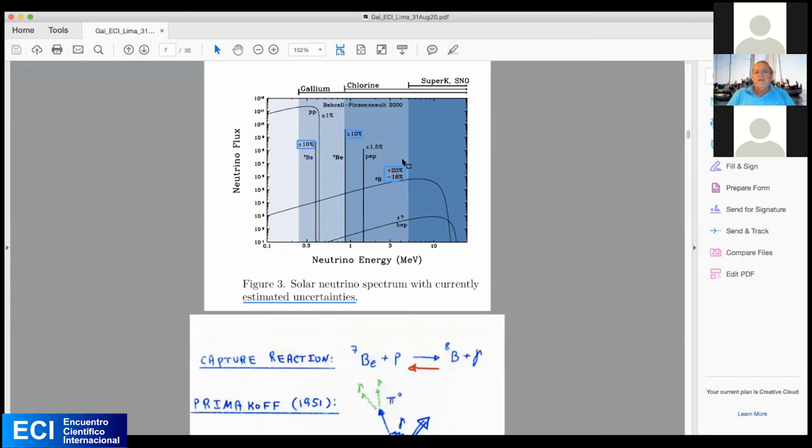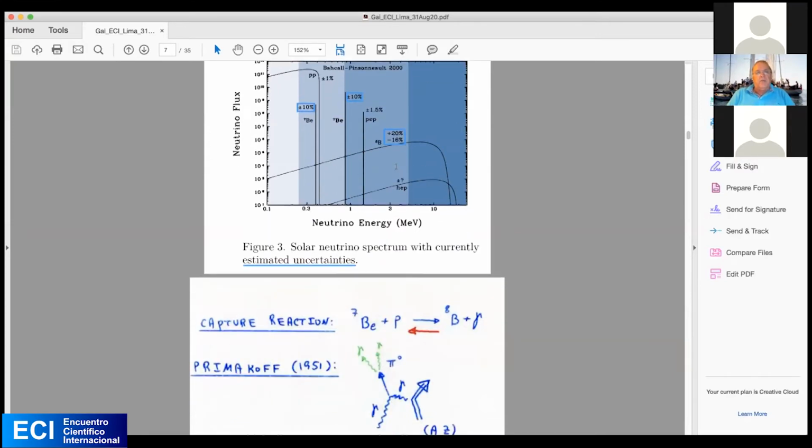It was clear that we needed to clean up the nuclear physics of the sun. It was clear that we nuclear physicists had to do something to get better accuracy on the standard solar model. The standard solar model simply takes input from laboratory measurements and creates the standard solar model spectrum.